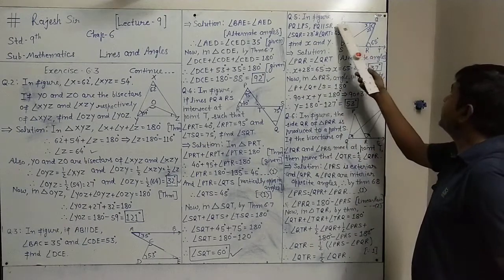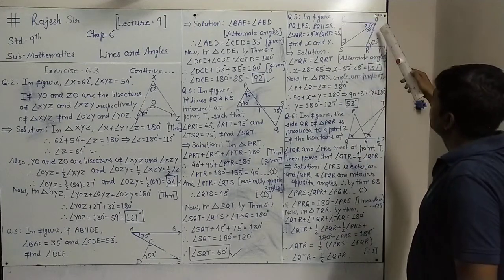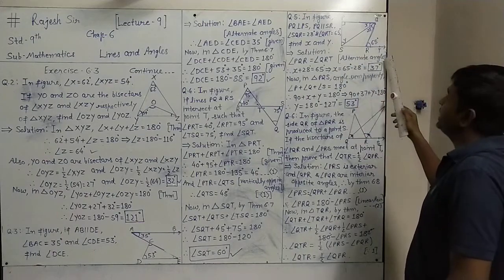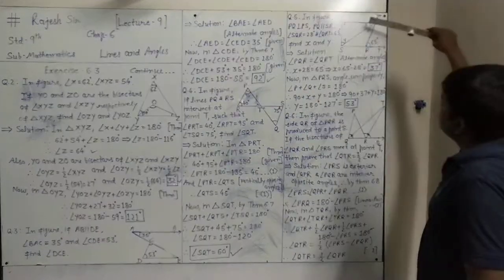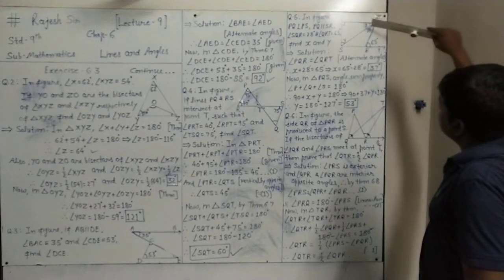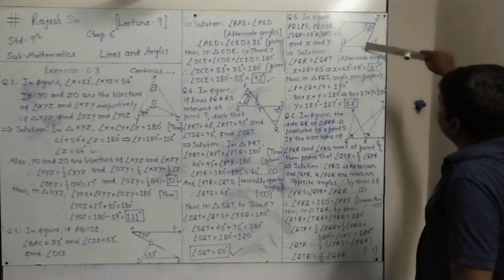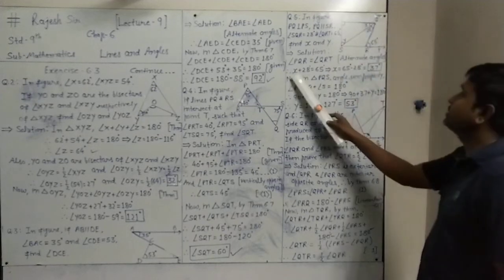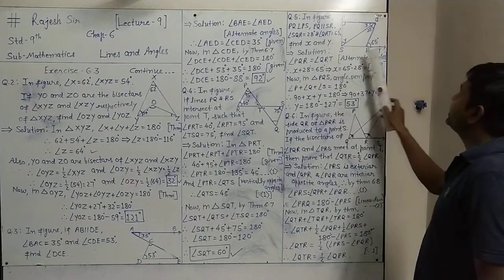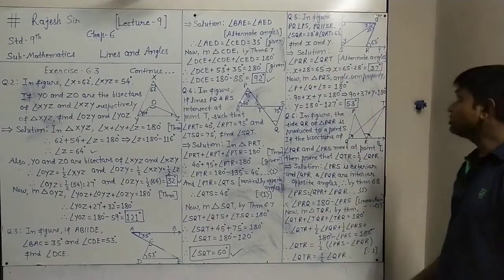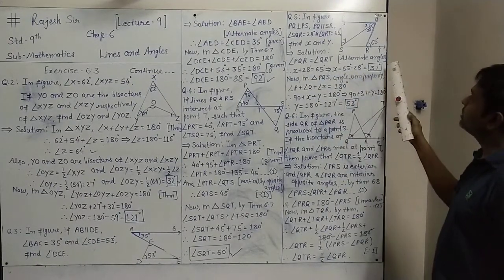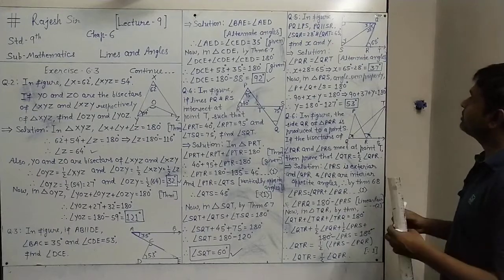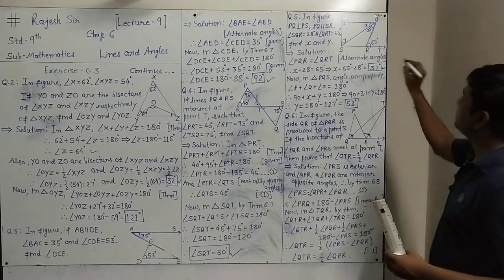So angle PQR, this big angle, equals angle QRT because of alternate angles. Now place values: angle PQR is actually composed of two angles, this and this. So angle PQR is the sum of x plus 28, shown here, equals QRT, 65 given. So x equals 65 minus 28, which gives 37 degrees. So the value of x we got is 37 degrees.